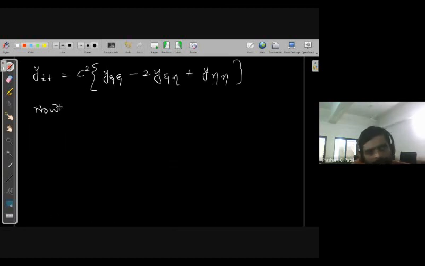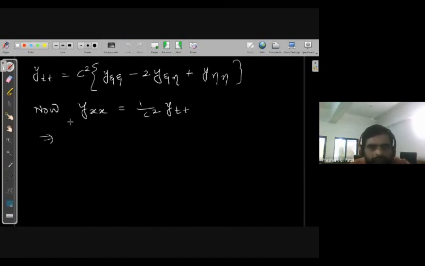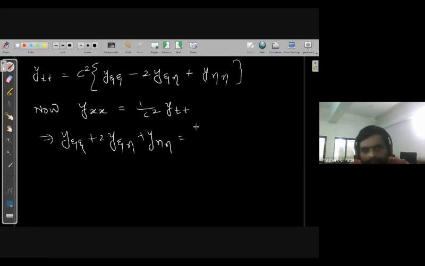Now we'll substitute this value into y xx is equal to 1 by c square y tt, which is given to us. So y xx has y xi xi plus 2 times y xi eta plus y eta eta, and on the right this c square will cancel out, and here we will have y xi xi minus 2 y xi eta plus y eta eta.